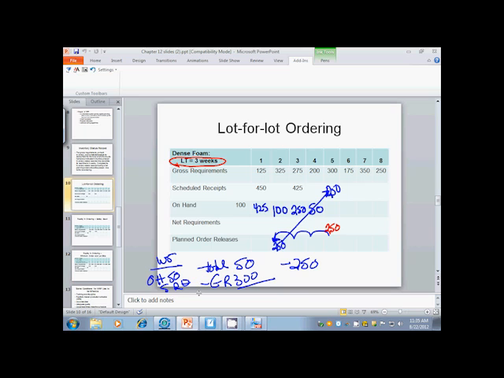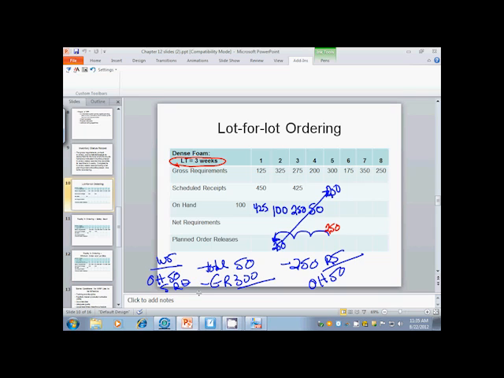So I have my week 5, on what I have already done. I now need to redo week 5, because I made a change. I've placed an order and I'm getting something in. So I have on hand at the end of week 4, 50 units.